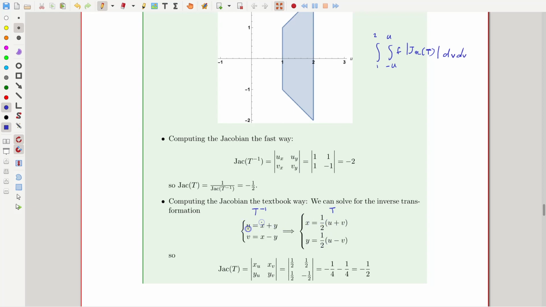If instead we subtract the two equations, that will cancel the x's and double up the y's. So we will have 2y is equal to u minus v. Dividing by 2 gives us this equation. So that's how we end up solving for the inverse transformation.